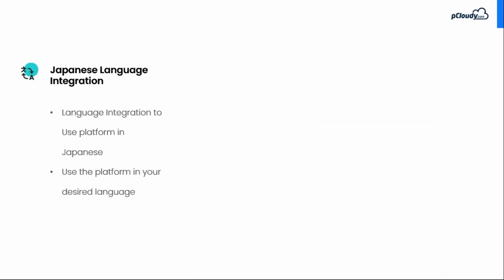Next one is about Japanese language. Now, Japanese language integration here is another client-specific request which we have fulfilled recently. With this, in a true sense, pCloudy becomes a global platform. We have a customer from Japan who wants to serve exclusively Japanese-based customers, and they do not want the UI to be seen in English.